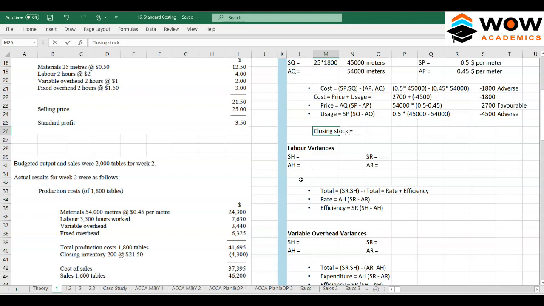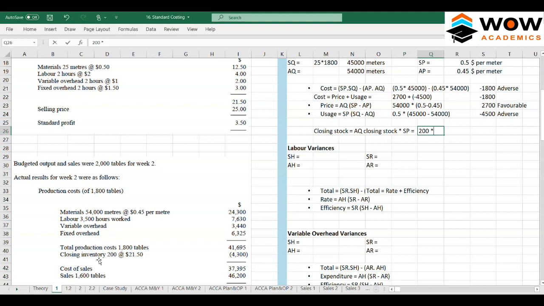Closing stock is the actual quantity closing stock into standard price. It should be in standard price. So the formula would be, how many units are closing? 200 units are still pending, into what is the standard price.